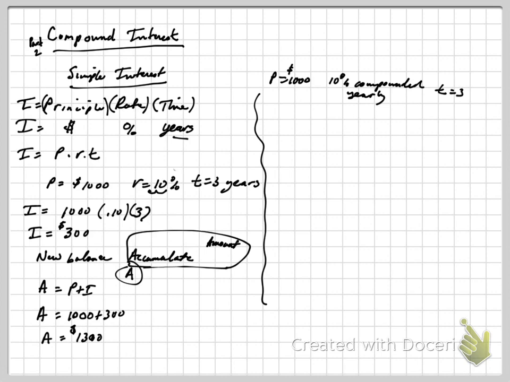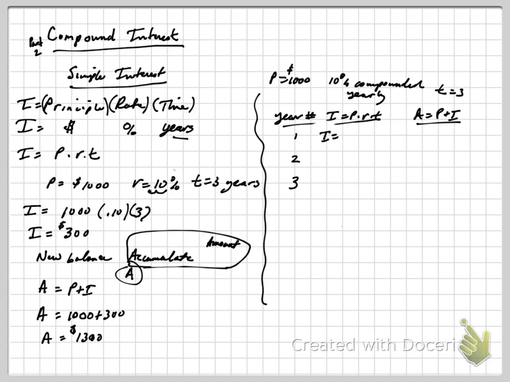And so what I'm going to do is set up a table. And so this is year number 1, year number 2, year number 3. And we're going to calculate the interest by doing simple interest. We're going to calculate the new balance by adding those and show you what happens when you compound interest each year. So the first part of this is going to be no different than what you've ever done before.